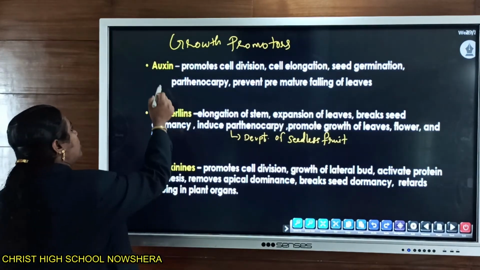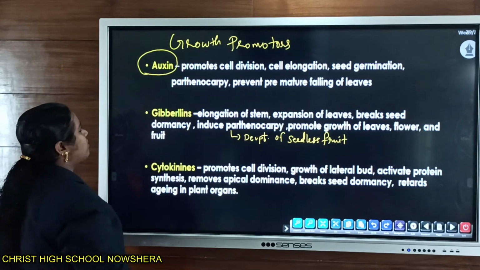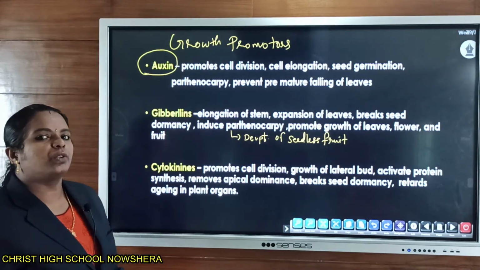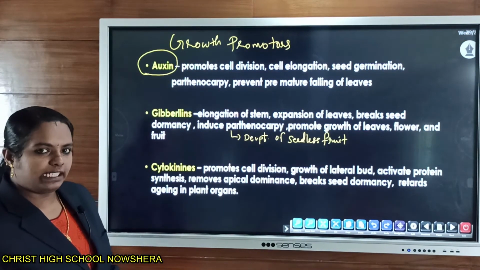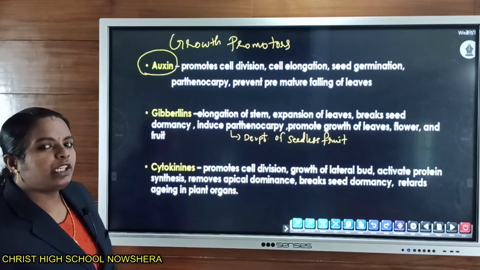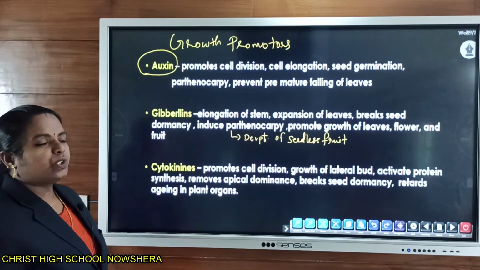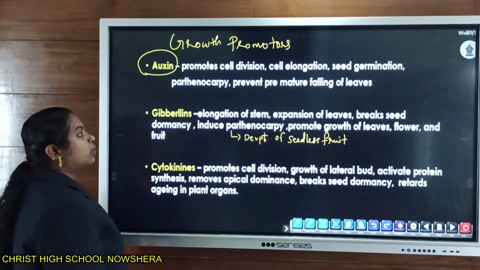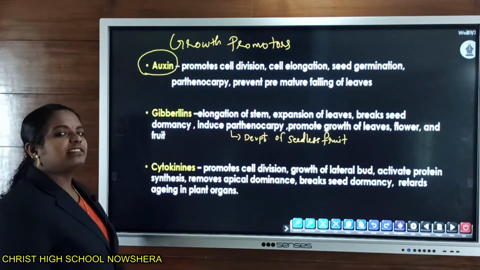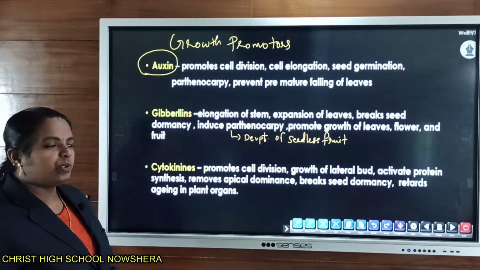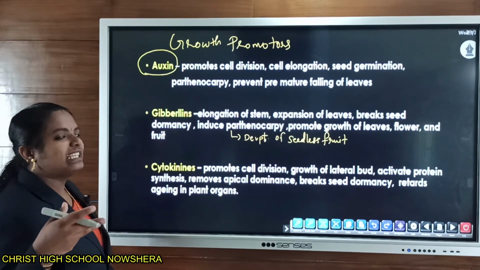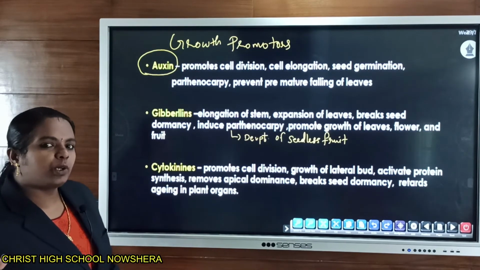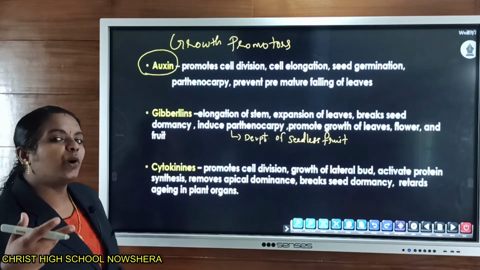First we will discuss auxins. Auxin is an example of a growth promoter, a growth regulator hormone which promotes the growth of the plant. The main function is that they promote cell division and cell elongation. They promote the process of cell division, increasing the number of cells, as well as cell elongation.